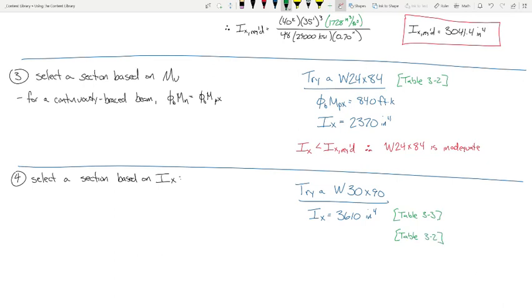What is the phi Vn for a W30 by 90? In other words, if the phi Vn is only like 750, well, there's no point in checking this section either because it's not going to have adequate strength. And I'll tell you what we would do in that instance, but let's see, 1,060.